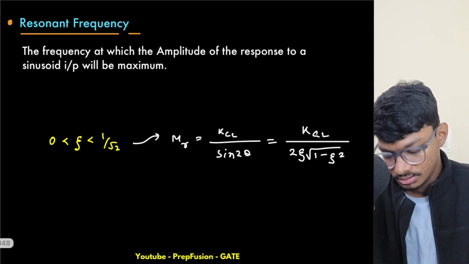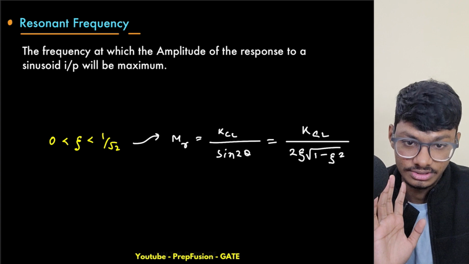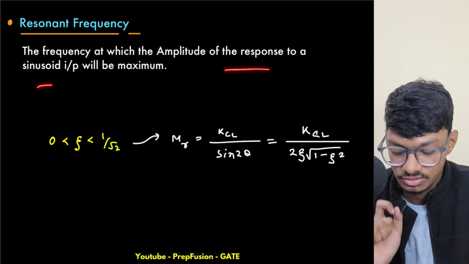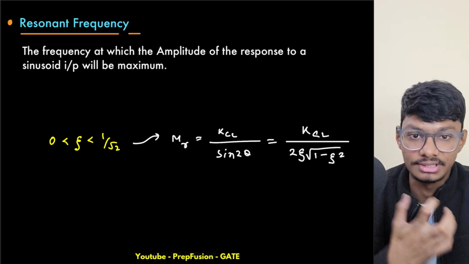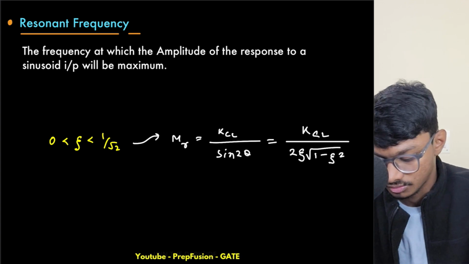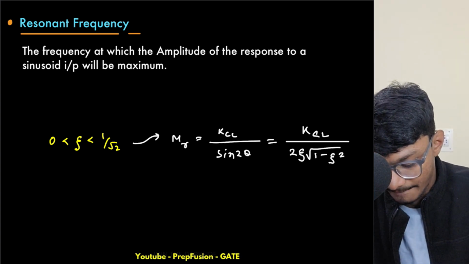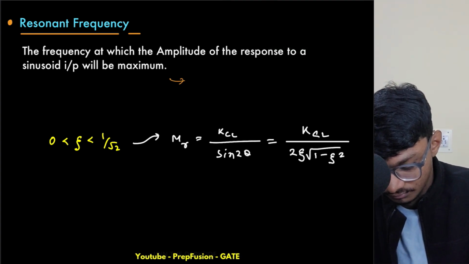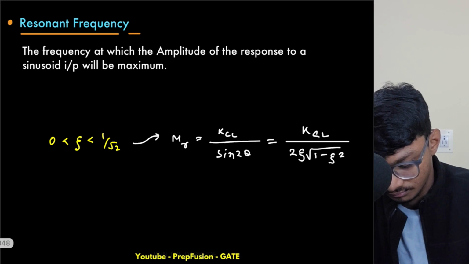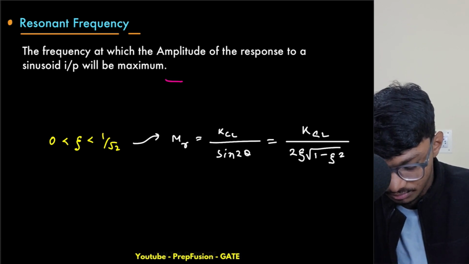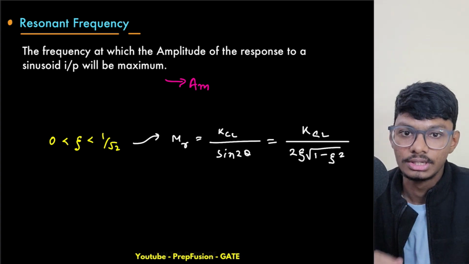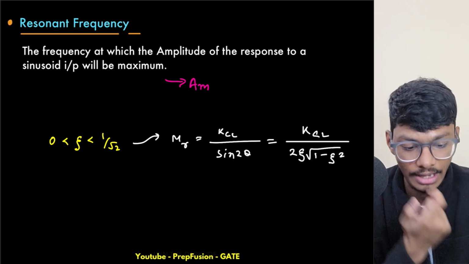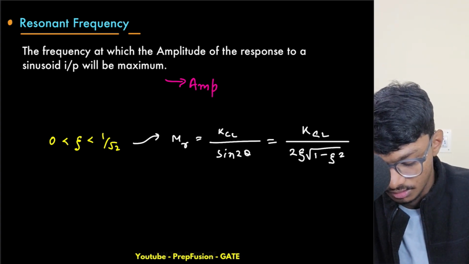Now what was the resonant frequency definition? The resonant frequency is the frequency at which the amplitude of the response to a sinusoid input will be maximum. Basically what it does is amplification. We have studied this in network theory also. Basically it is the amplification. That is what resonance means. In network theory, in series resonance it was voltage amplification, and in parallel resonance it was current amplification, if you recall correctly.